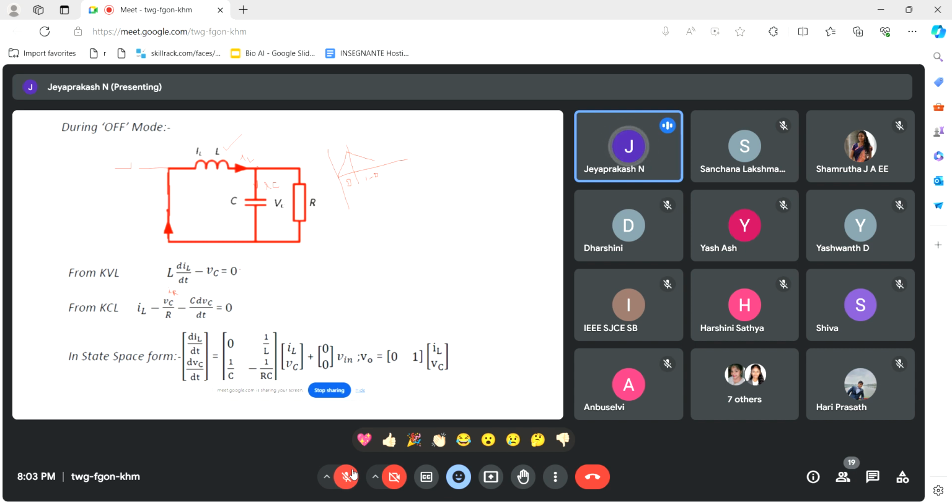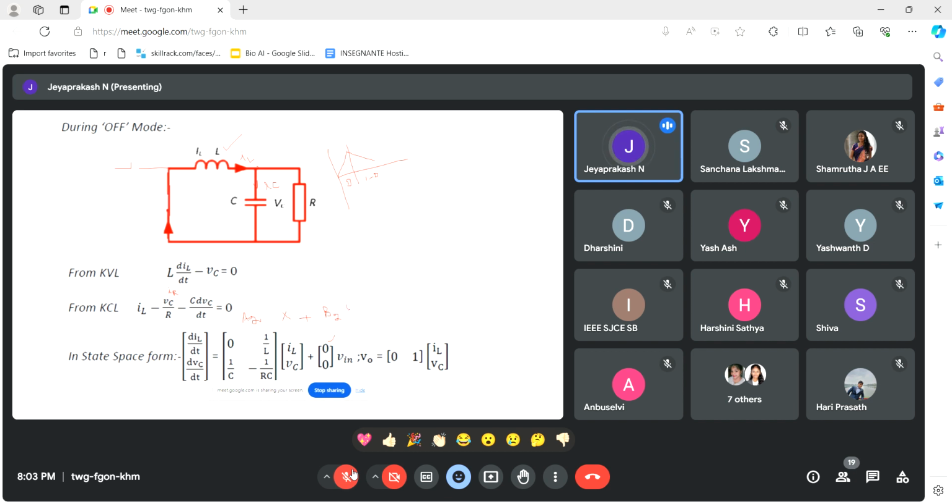Now we are taking these two equations and arranging them in matrix form. This is A2 times X plus B2 times U. In these two equations we do not have any input term, that is, a Vin term, so I am putting 0 0.